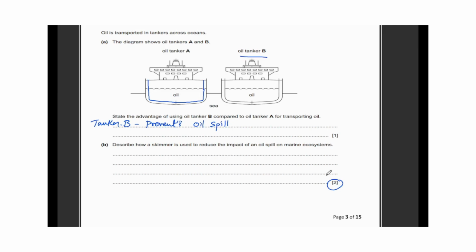So a skimmer is a physical removal of the floating oil from the surface of water. Okay, this is our first point.